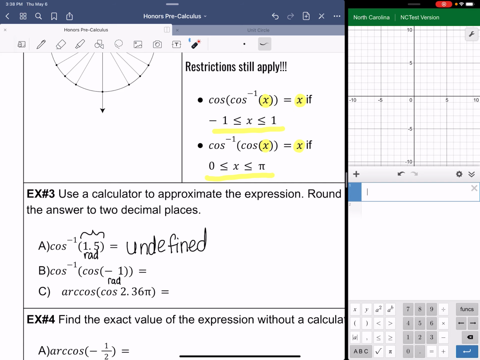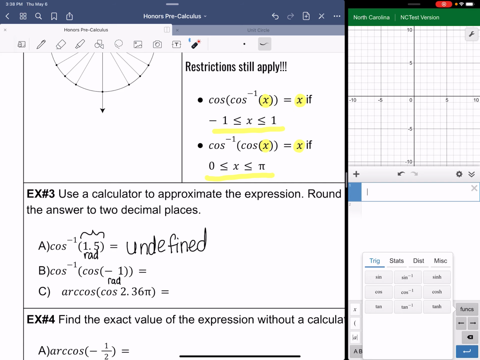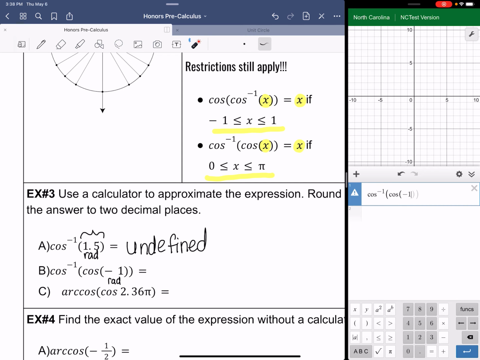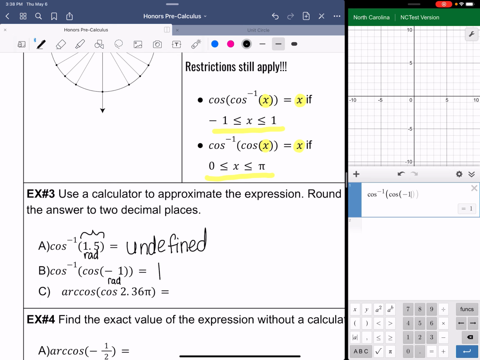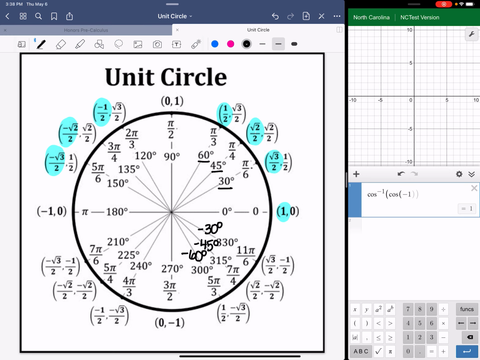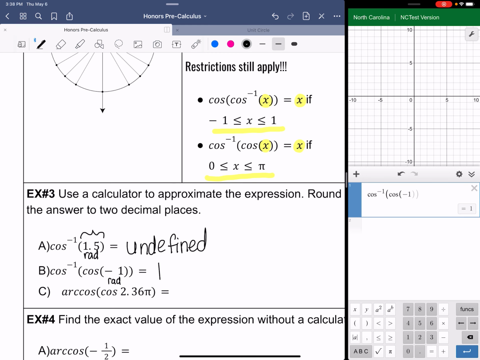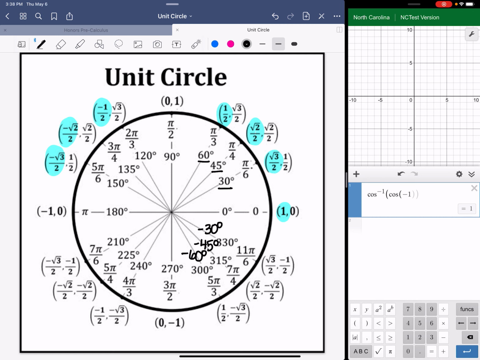So if I put it into the calculator, so I have the cosine inverse of cosine, and if I put in -1, it's going to apply it based off of the restrictions, and that answer is going to be +1. And I can look at that on the unit circle. So I'm talking about finding the cosine inverse of -1. So cosine is -1, okay? And it's going to apply right here.